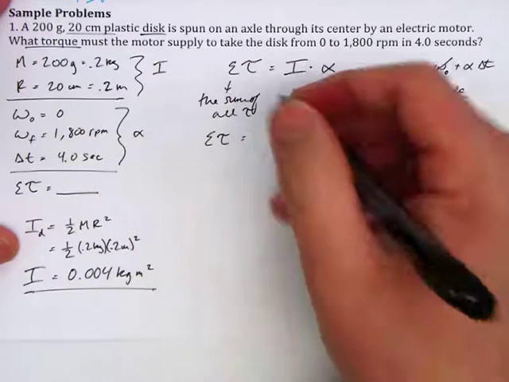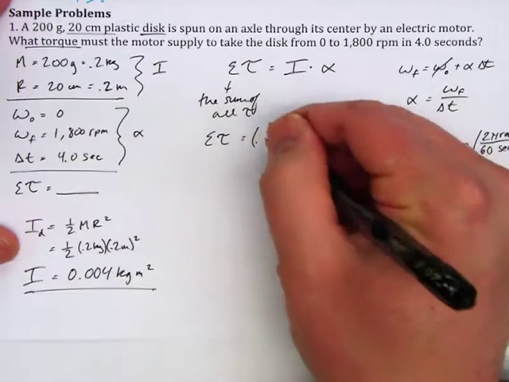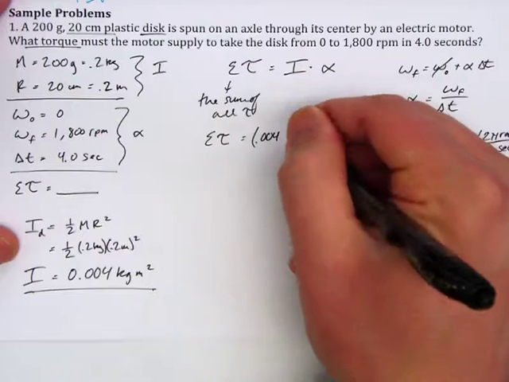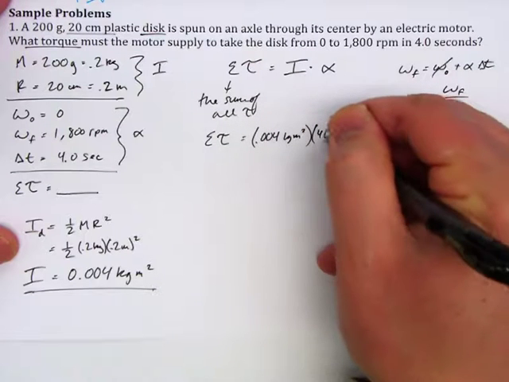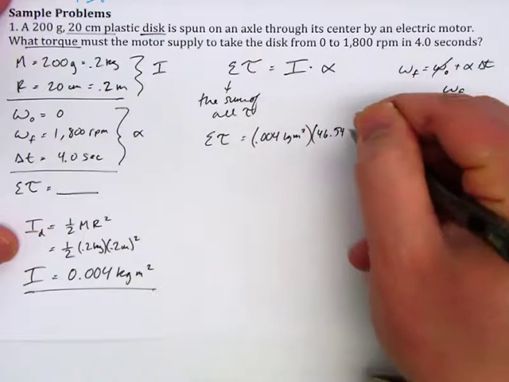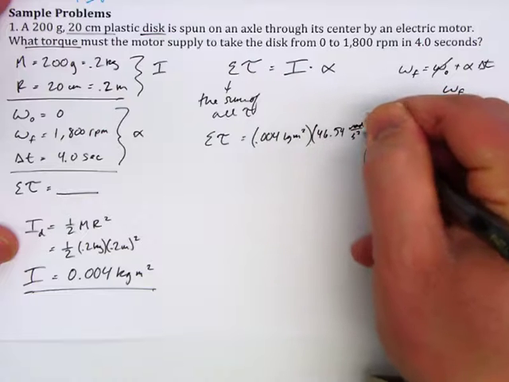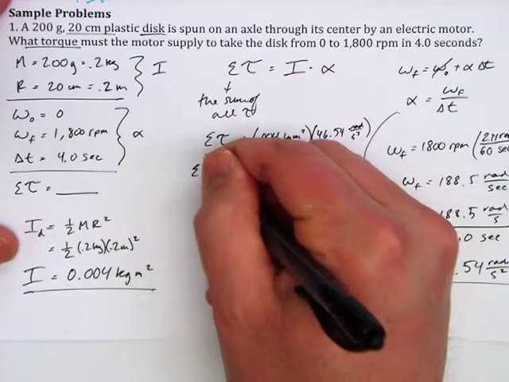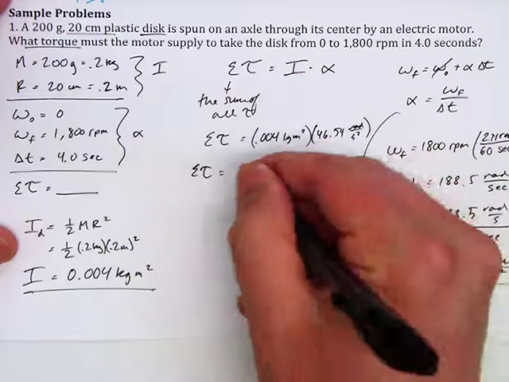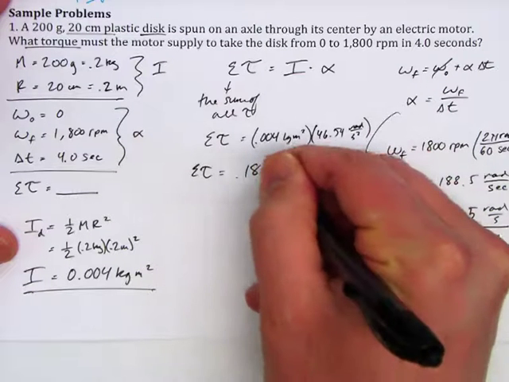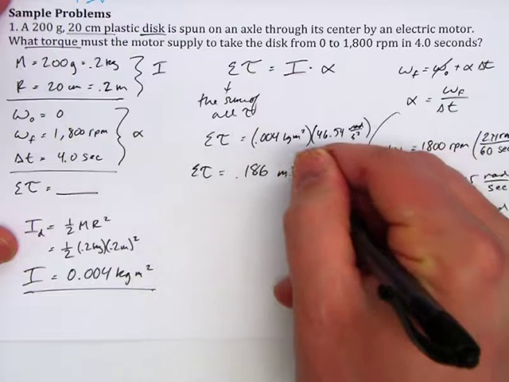Now I substitute my I value, my alpha value. So I get the net torque about that axis by the motor is going to be 0.186 meter newtons.